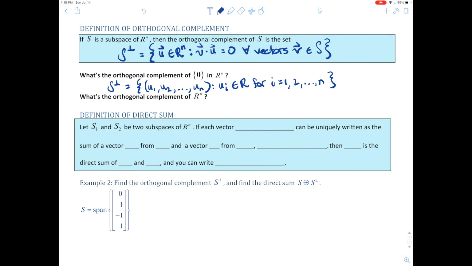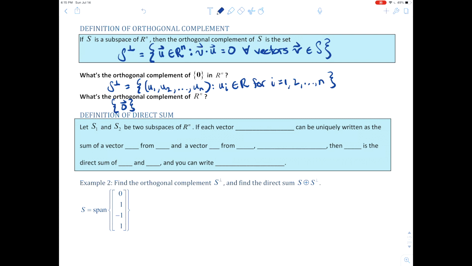Basically all vectors in Rn. All right? What about the orthogonal complement of Rn? Good. Beautiful. It would just be the 0 vector.